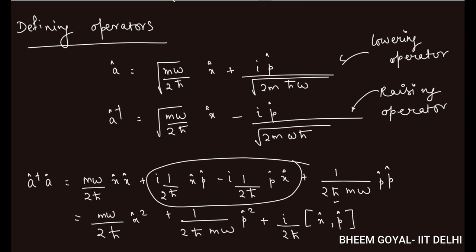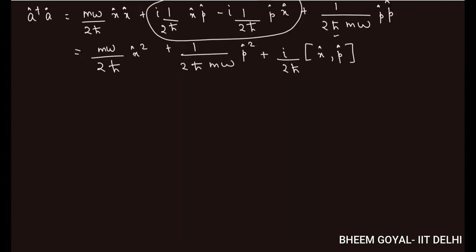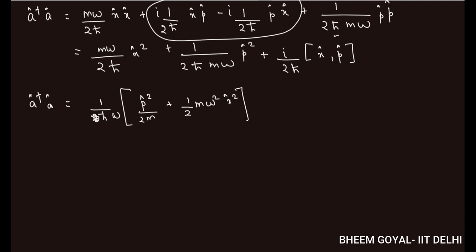Further, a dagger a is equal to, if I take 1 upon h bar omega common from the first two terms, p squared over 2m plus half m omega x squared, and for this term, we know the commutator of x and p gives us iota h bar.